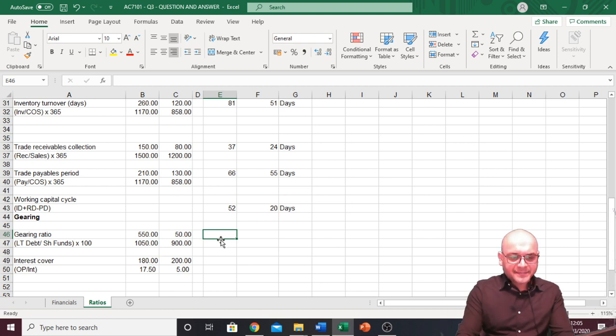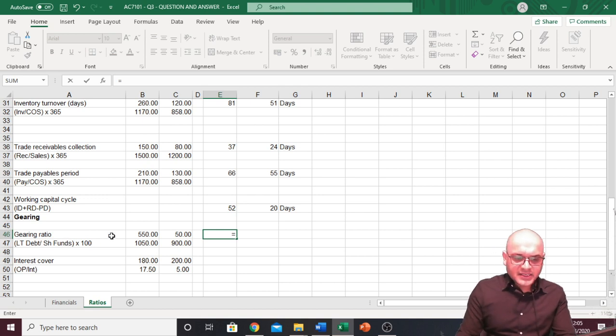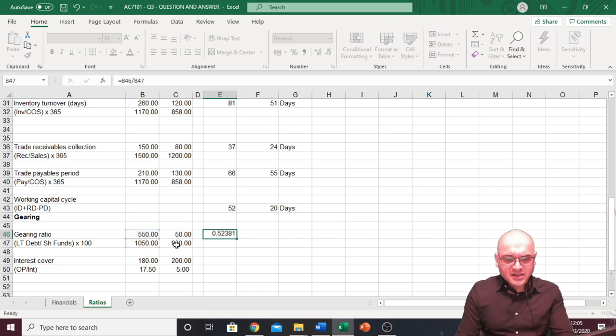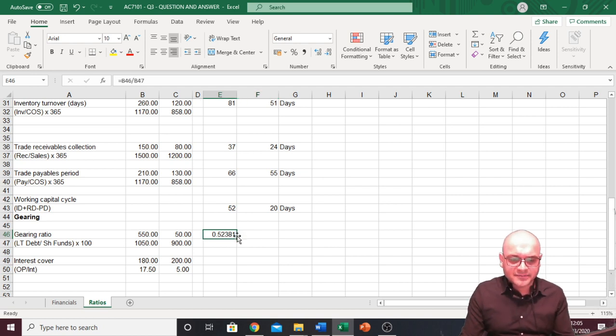Long-term funds. So the first thing we want to work out is gearing. Gearing is long-term debt divided by shareholders' funds. So that divided by that. You can turn it into a percentage, or you can keep it as times. We are going to turn it into percentage.